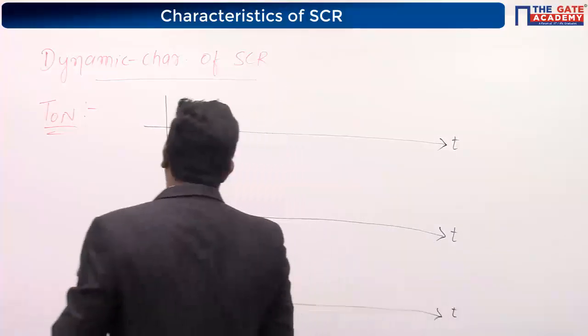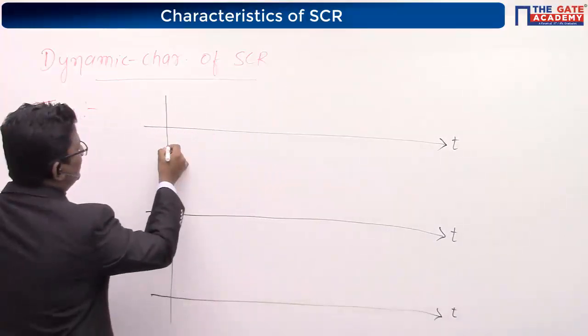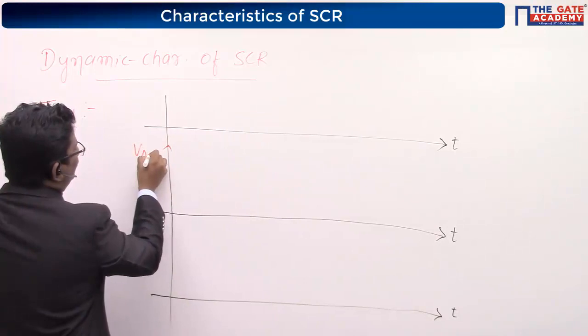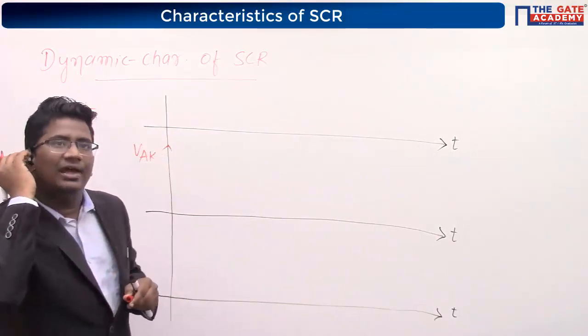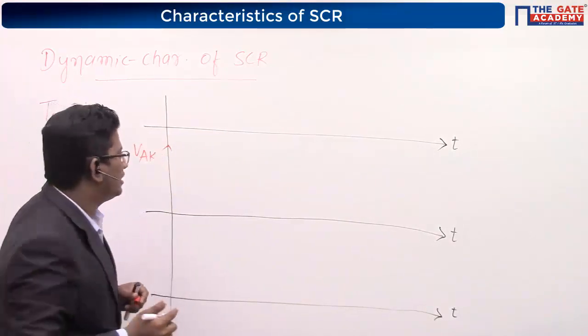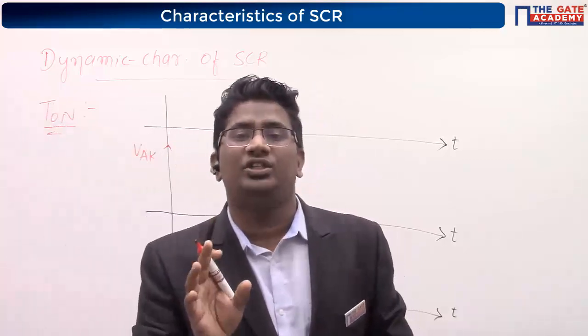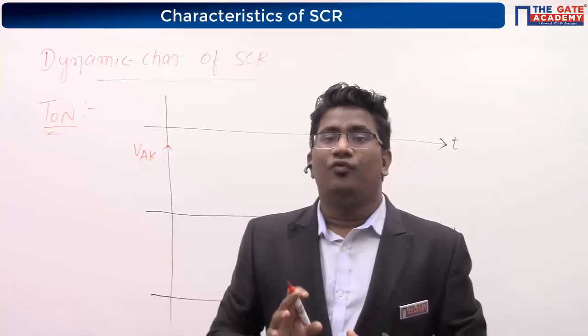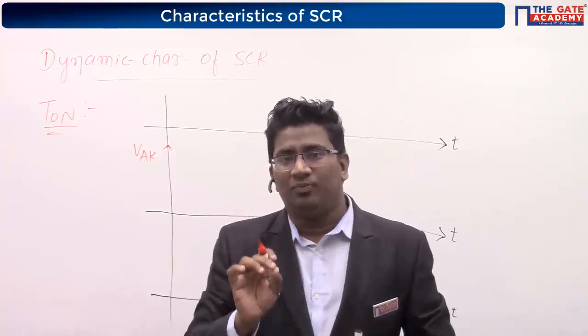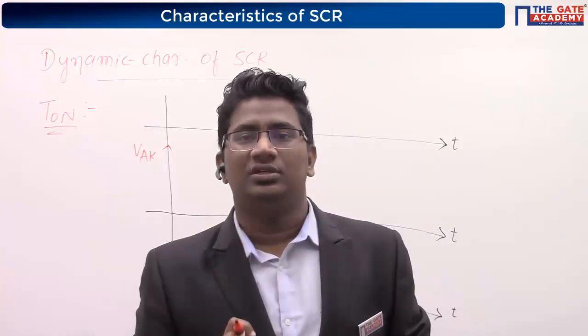Very good. Forward blocking state means, let us consider this is my anode to cathode voltage. Forward blocking means, is it blocking of forward voltage, a positive voltage or negative voltage? Yes, respond.